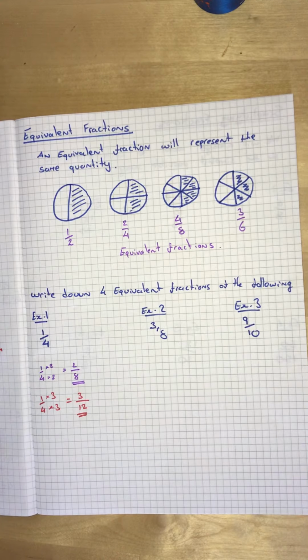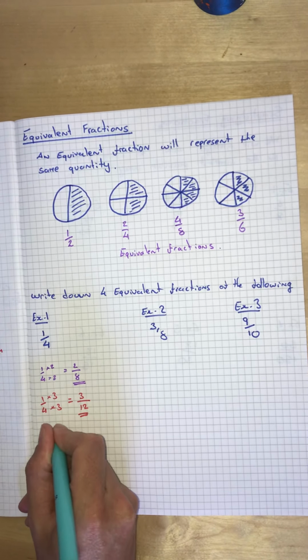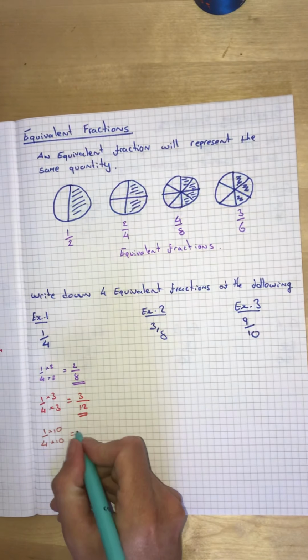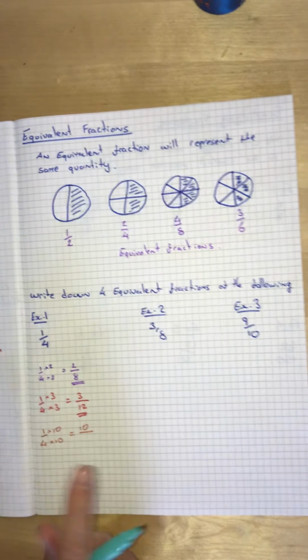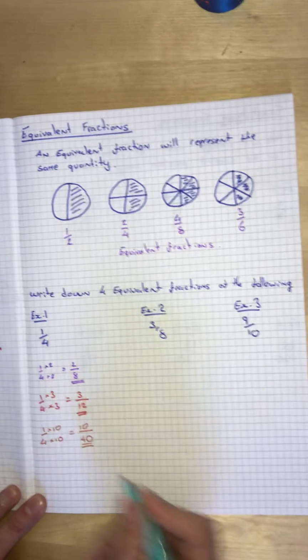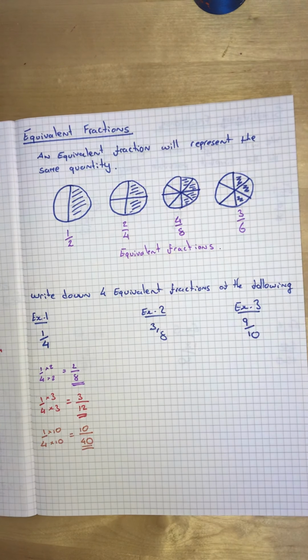Let's multiply it by 10. So let's take the 1/4, times the top by 10 and times the bottom by 10. 1 times 10 is 10. 4 times 10 is 40. Another equivalent fraction. Let's just do another one.